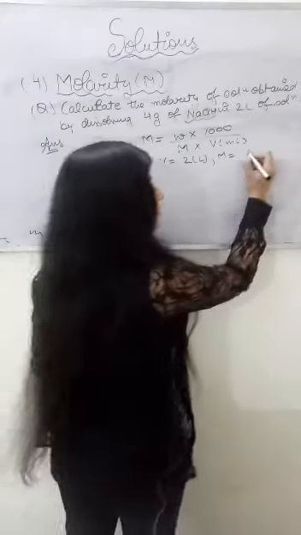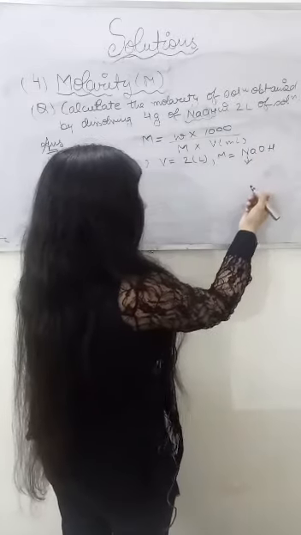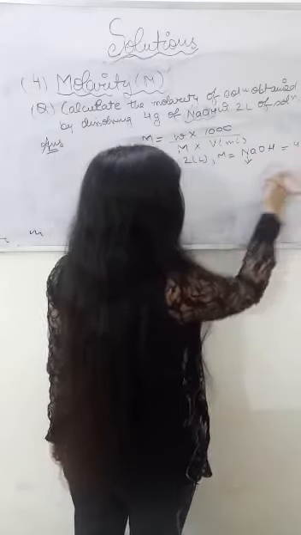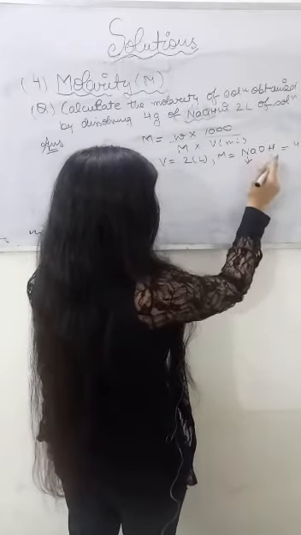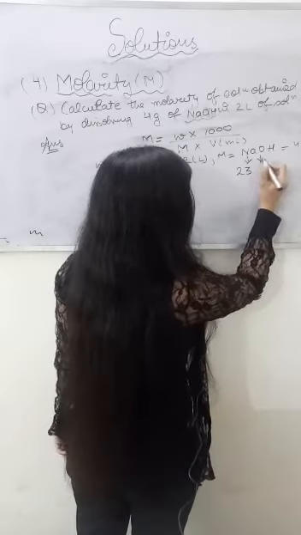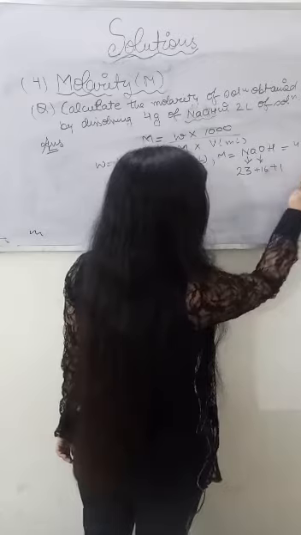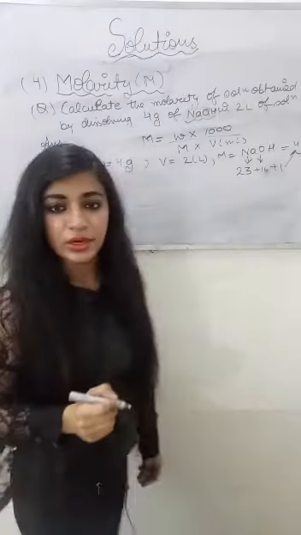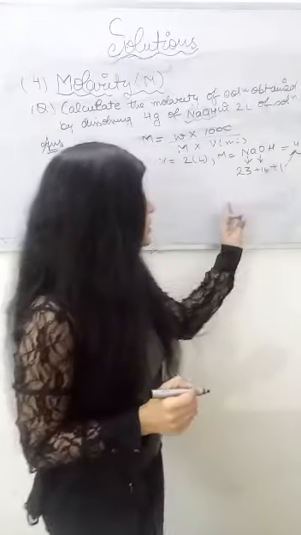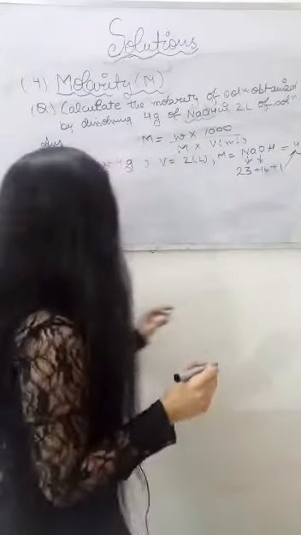So the molecular weight of sodium hydroxide will be 40. When we solve it, Na is 23, O is 16, H is 1, so 23 plus 16 plus 1 equals 40. Are you getting it? So 40 is the molecular weight of sodium hydroxide.